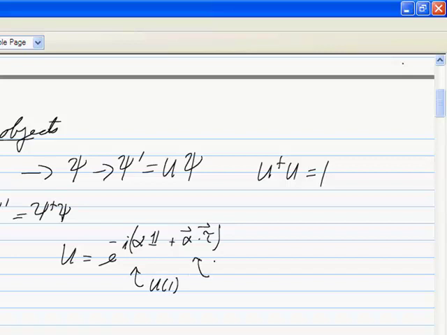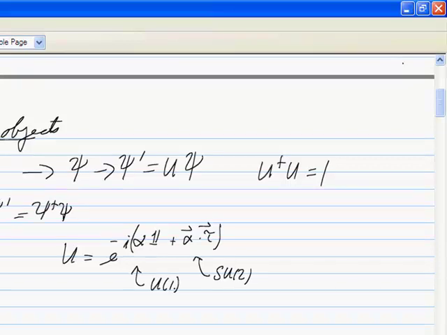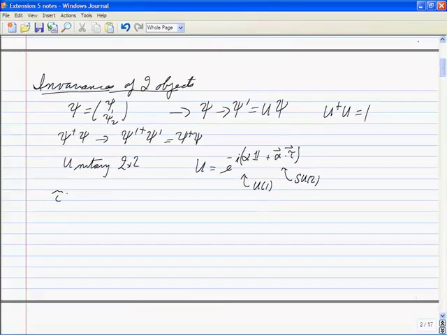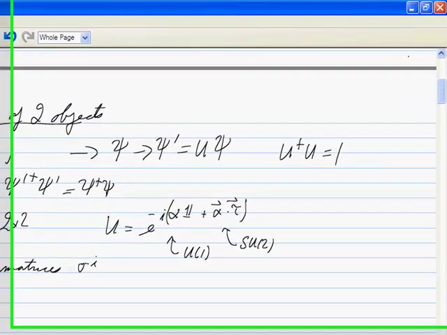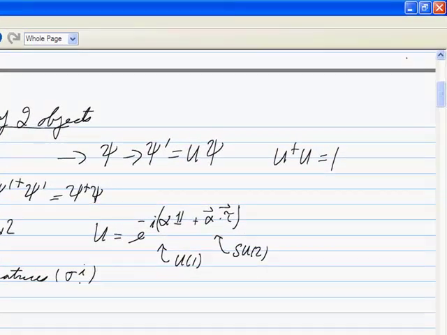The second one is going to be the SU(2) piece, and the tau i here are the Pauli matrices, which are often called sigma i, but we'll call them tau i just to keep them distinct.